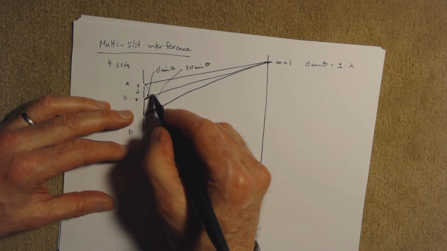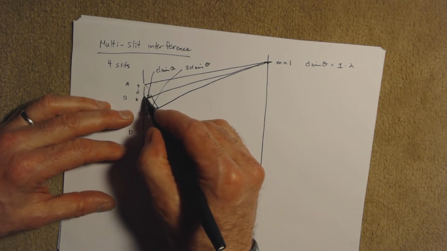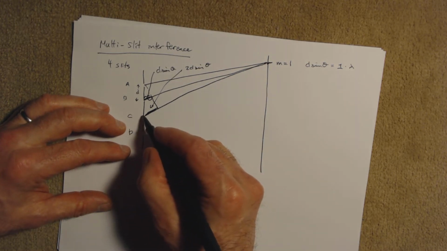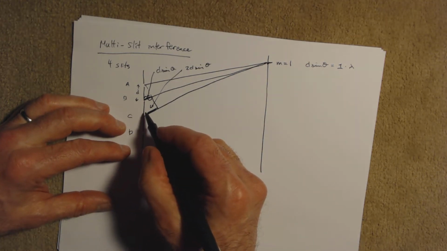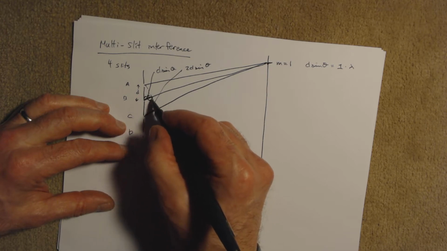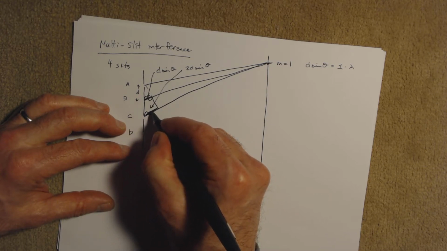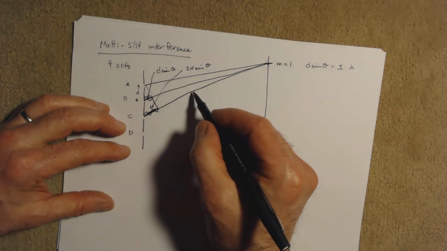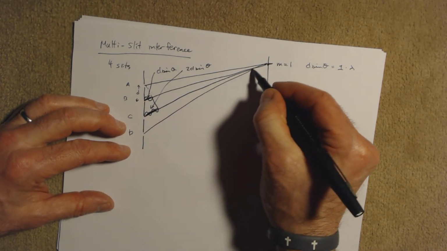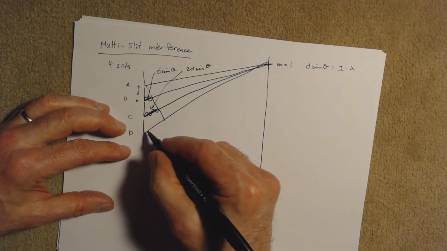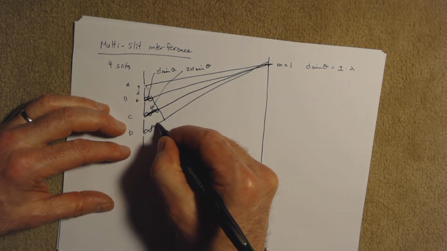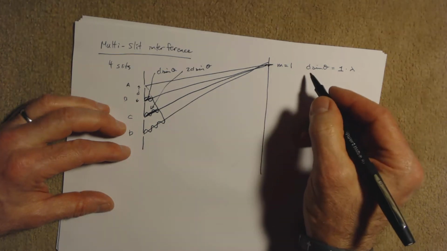So I have a path length difference of 1 wavelength between slits A and B, but between slits A and C, there's just 2 wavelengths difference. So that means that A and C would also be in phase. And similarly, D would be 3d sine theta, so that would have an extra 3 wavelengths, but it would still be in phase.